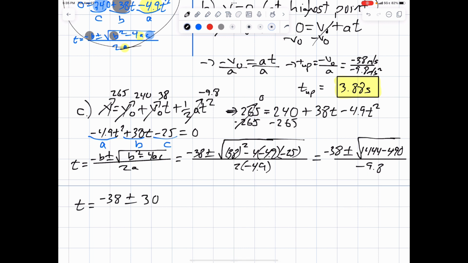So we're at 30.88 over negative 9.8. Now we've got two values for time, one with the plus, one with the minus. For the plus, we add negative 38 plus 30.88, which is negative 7.12. Divide that by negative 9.8, and we're looking at about 0.73 seconds for the first time.